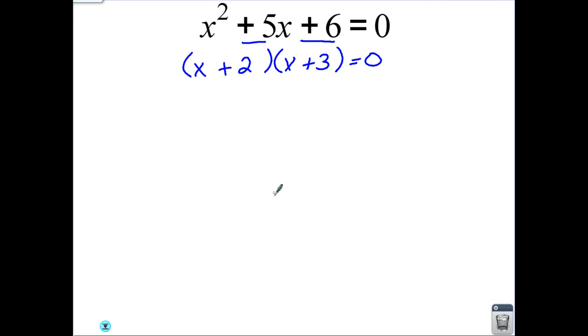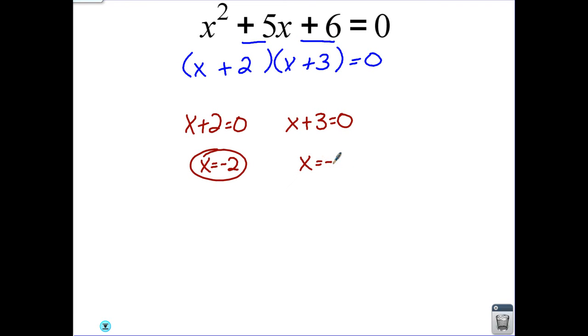That's just like the last problem. Because, if two things multiply to give me 0, what must be true about one of them? One of them is 0. So either x plus 2 is 0 or x plus 3 is 0. We solve each of those by moving the 2 over, move the 3 over. I get x is negative 2 or x is negative 3. Two solutions.